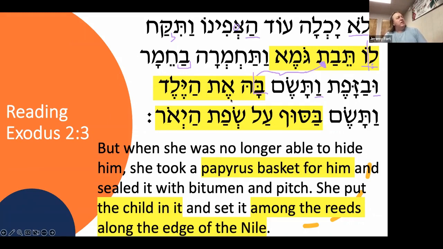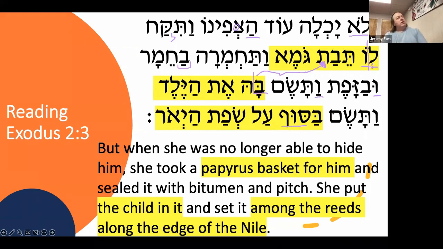All right. Anything else in here? Did you guys want to point out anything? And if not, that's okay. The suf is the word for reeds. So when you've gone through Exodus and it's translated as the Reed Sea, that would be the yam suf, sea of reeds. And so this word right here is the word for reeds.